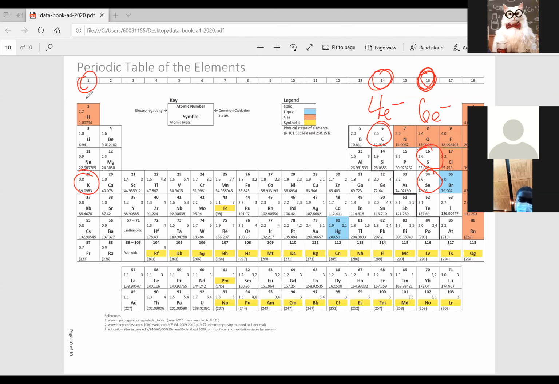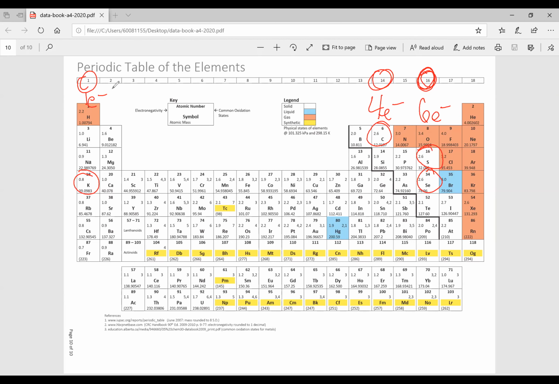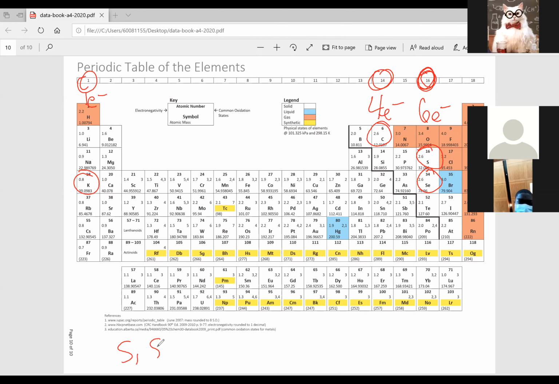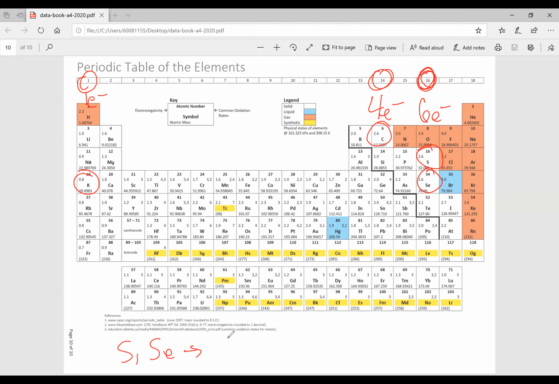Anything in group 1 has 1. So my answers: sulfur and selenium have 6 valence electrons. Again, that means 6 electrons in the outermost shell. Carbon would have 4 electrons, and potassium would have 1 electron.